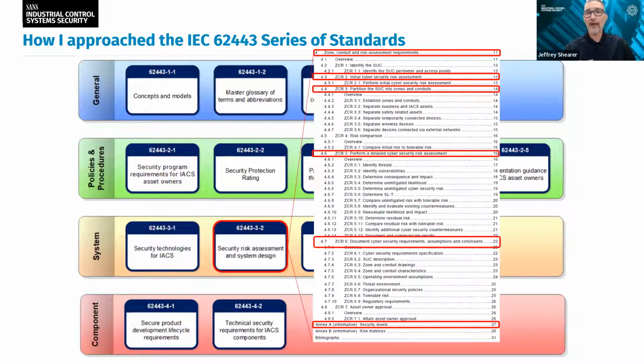Now we're going to skip down into the system models. And if you look at 3-2, it talks specifically about risk assessment and system design. So there's a lot to be gleaned out of 3-2, which includes how do you do risk assessments? How do you partition the system under consideration into these security zones and conduits?